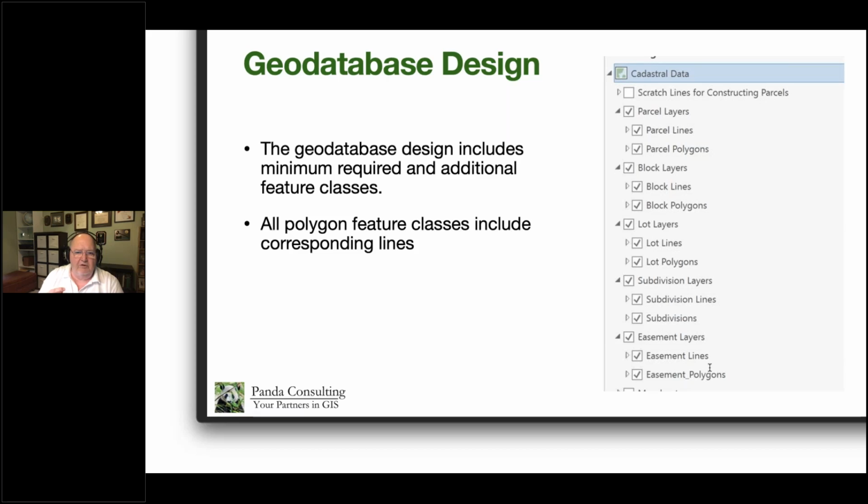But if you note, there actually is a difference between them, and the dimensions that appear on a section boundary are not the same as would appear on a block boundary or on a lot boundary.